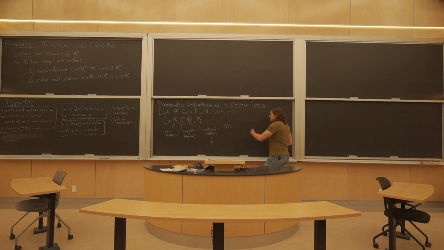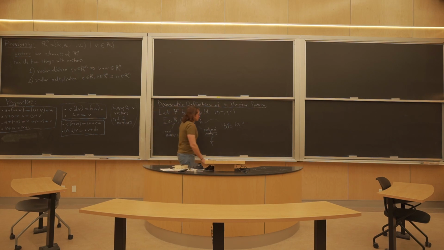And bits only have 0 or 1. You can add 0 to 0, it gives you 0. You can add 1 to 1, it gives you 0. That's the rule for bits, and this turns out to be important in the context of information theory and logic gates. Okay, but for now, I'm just going to use this letter F.